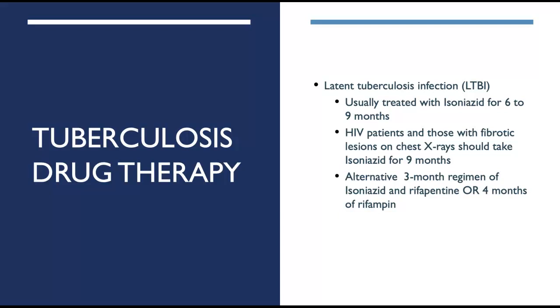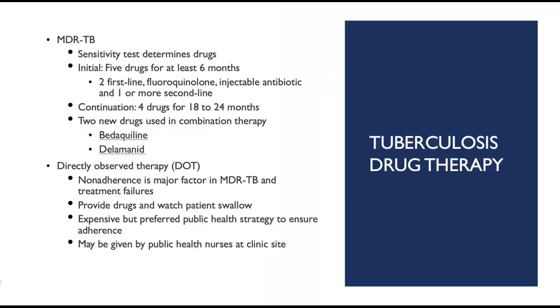There is an alternative: a 3-month regimen of isoniazid and rifampin, or 4 months of rifampin. And that just helps to decrease the amount of time they have to be on something, which is going to increase our adherence.